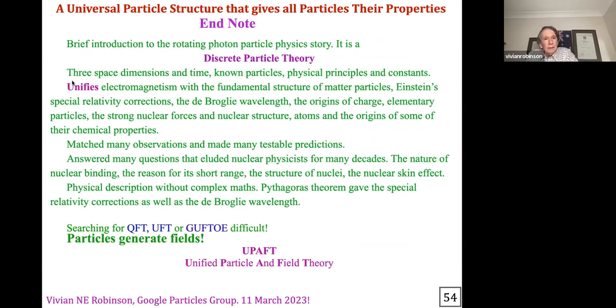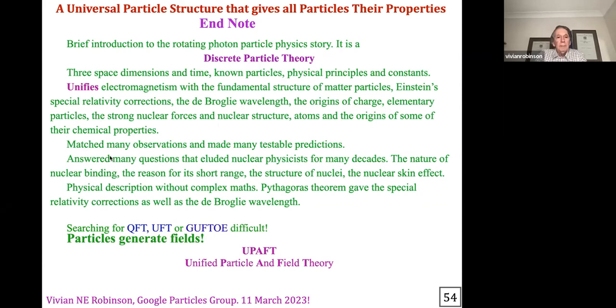I respectfully suggest it unifies electromagnetism with the fundamental structure of matter particles, with Einstein's special relativity corrections, the de Broglie wavelength, the origins of charge, elementary particles, the strong nuclear force and nuclear structure with atoms and the origins of their chemical properties.